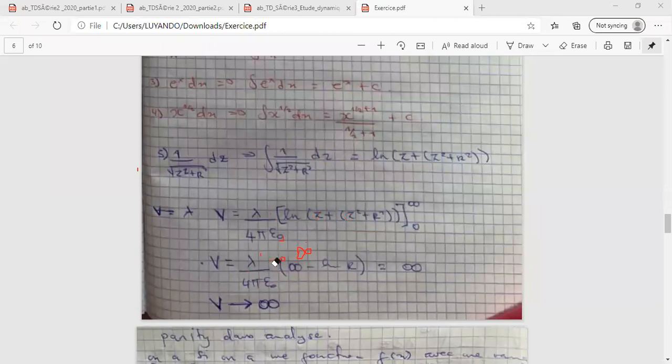What is on the left side here? V is equal to lambda on the left side here? No, continue going to the left. It's infinity minus ln r. No, to the far left.